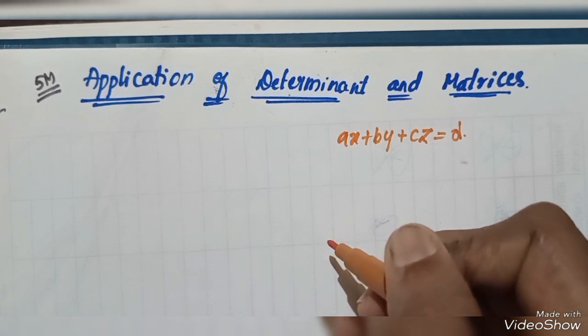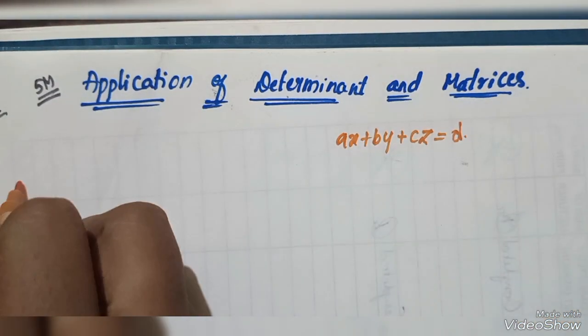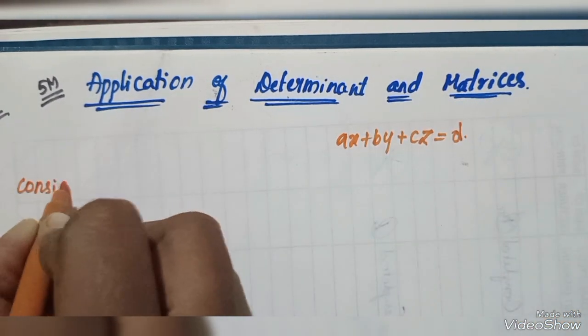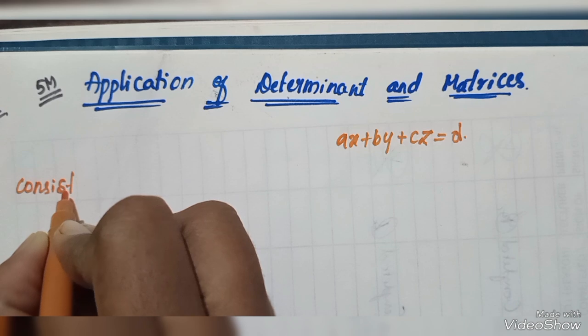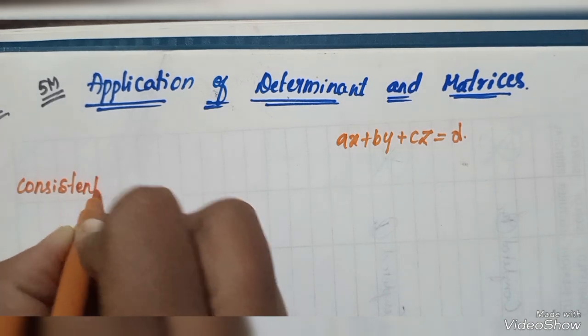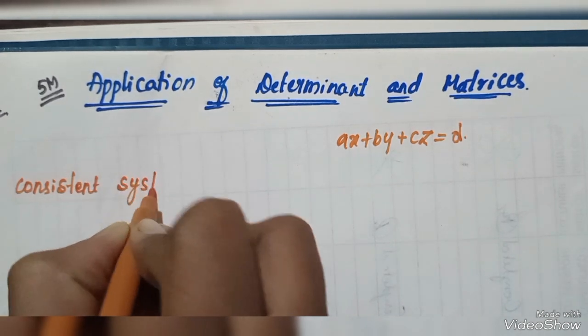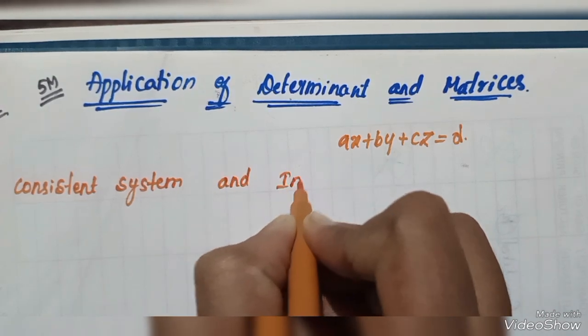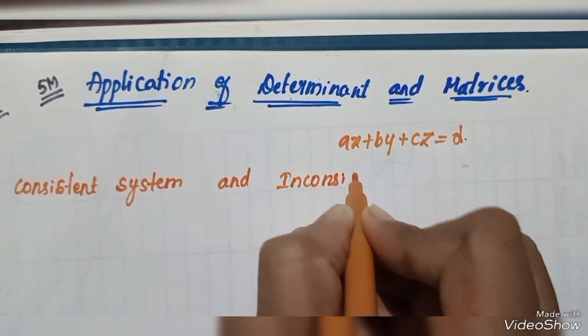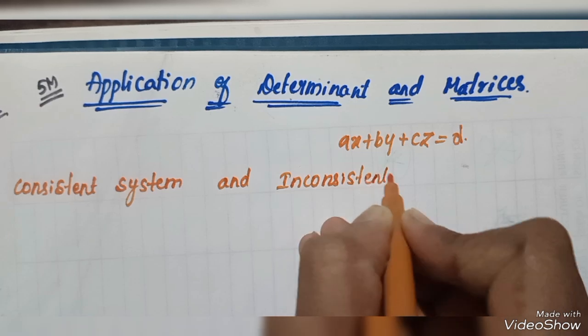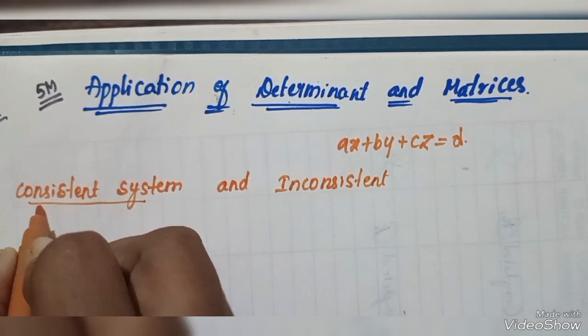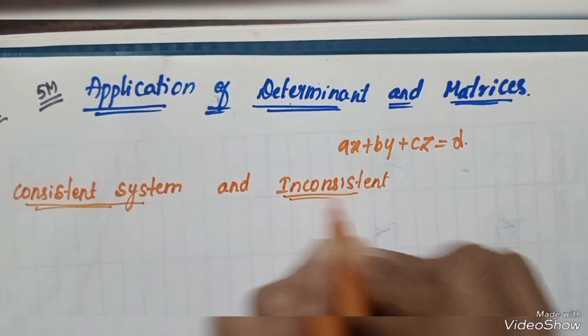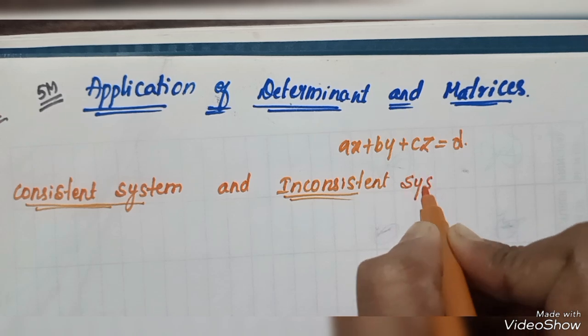Mainly there are 2 conditions here: a consistent system and an inconsistent system.